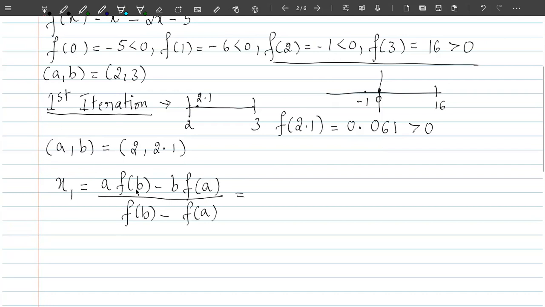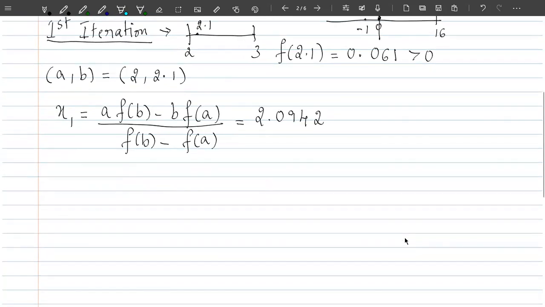So a is 2, f of b is f of 2.1, minus b is 2.1, f of a will be nothing but f of 2. F of 2 is already here, divided by f of b minus f of a, that is f of 2.1 minus f of 2. So if you calculate that, the answer for x1 is 2.0942.